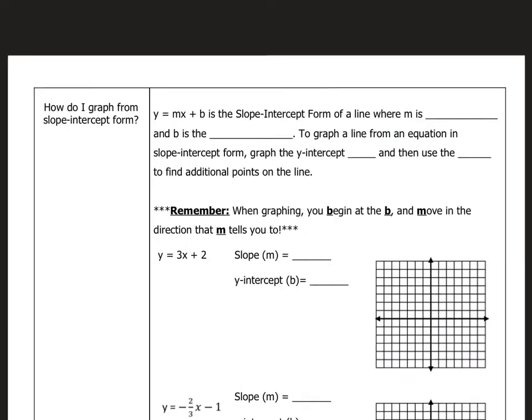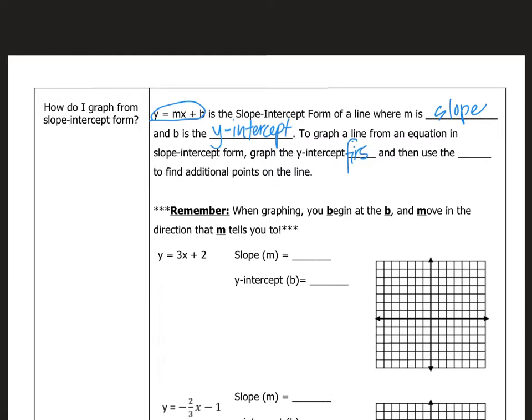How do I graph from slope-intercept form? Slope-intercept form is y equals mx plus b, where the m is the slope and the b is the y-intercept. To graph a line from an equation in slope-intercept form, graph the y-intercept first.